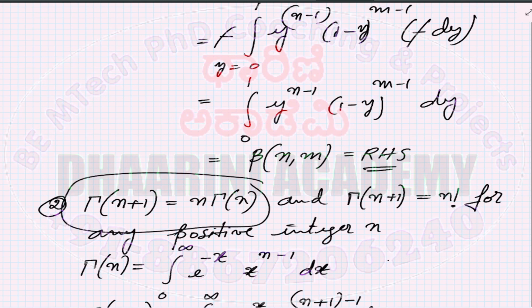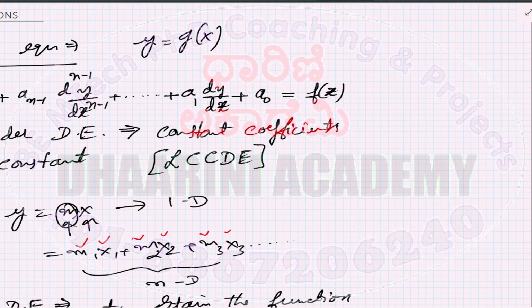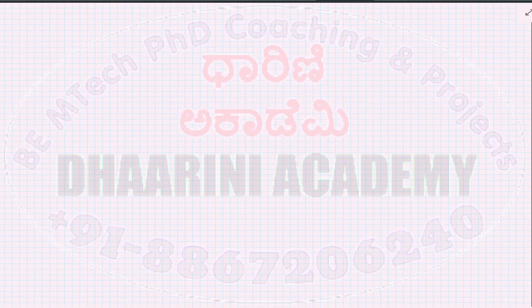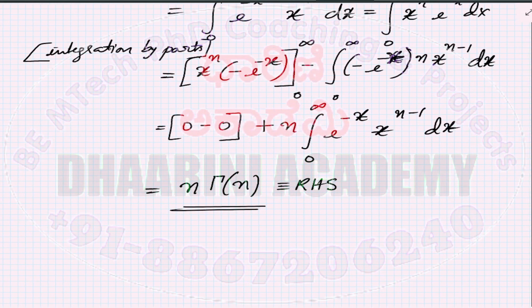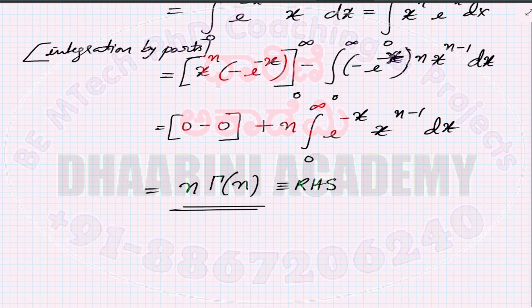Gamma of n plus 1 is n gamma n. Now we can extend this further, substituting the given particular condition. They have mentioned a condition saying that if you take this n to be an integer, then we have a different answer coming up. So let's go to the second part.